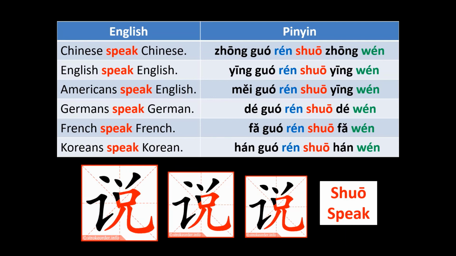Chinese speak Chinese, English speak English. 中国人说中文, 英国人说英文. Now here's the exception: 美国人说英文. Germans speak German, 德国人说德文. French speak French, 法国人说法文. And lastly, Koreans speak Korean, 韩国人说韩文.